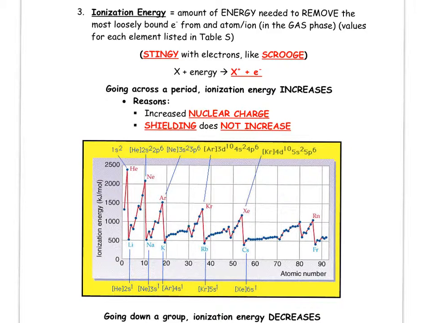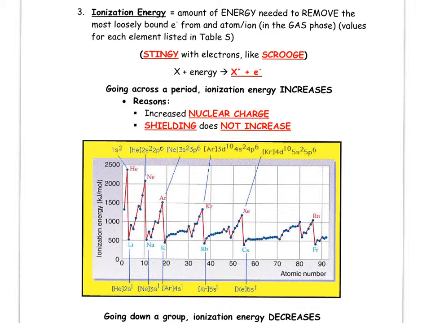If you are weak, then the charge for your electron is going to be very low. You're going to need very little ionization energy to take the electron away from the weak element. Ionization energy is the amount of energy, or the amount of quote-unquote money, that somebody needs in order to take the electron away from you. So it is related to electronegativity, but it's not the same.